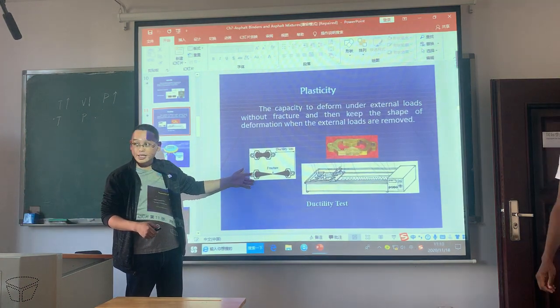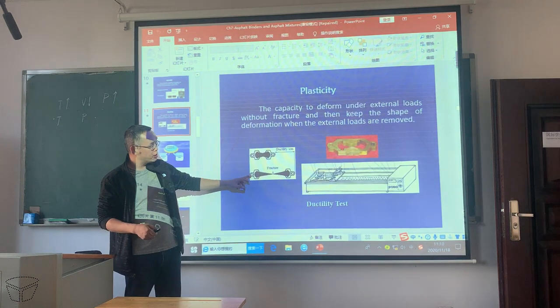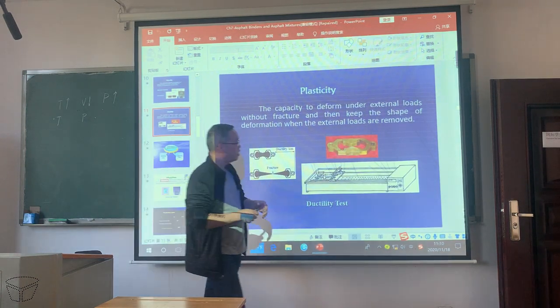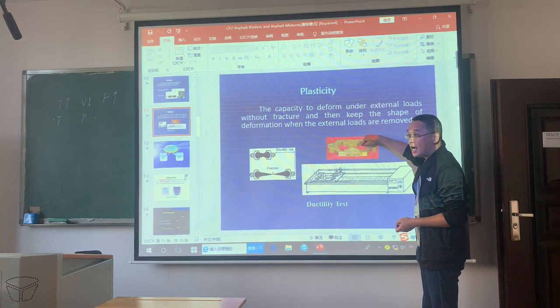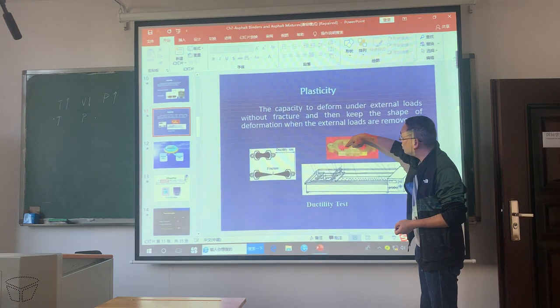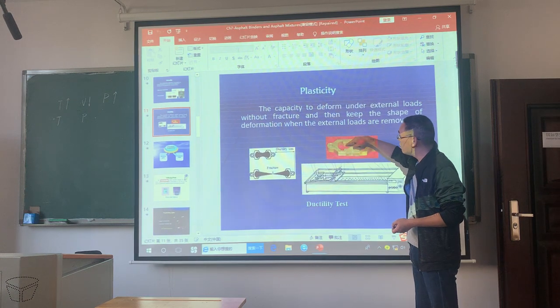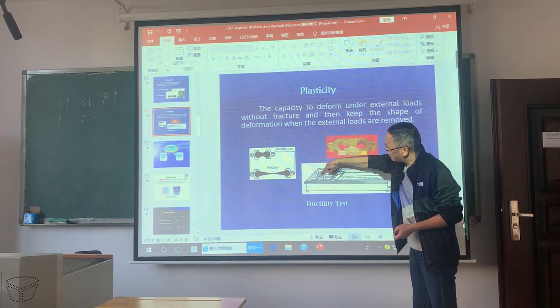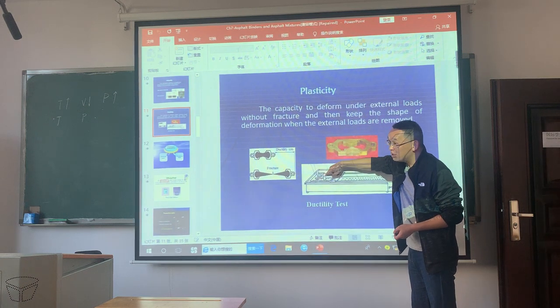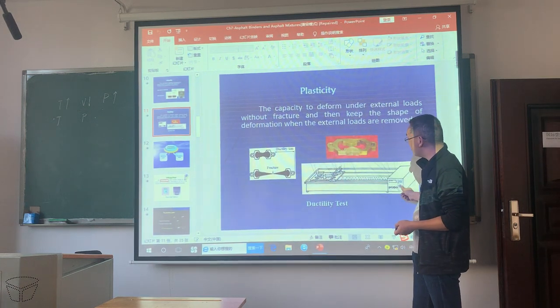We can use this kind of mold. We can pour the asphalt into this mold, and then fix it here, and then start the machine.